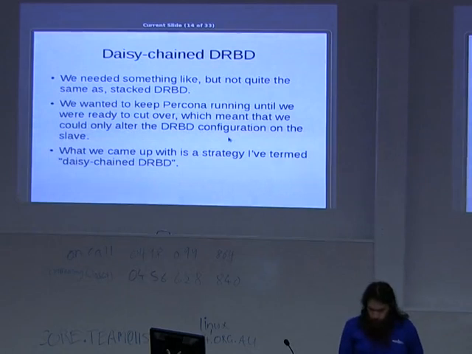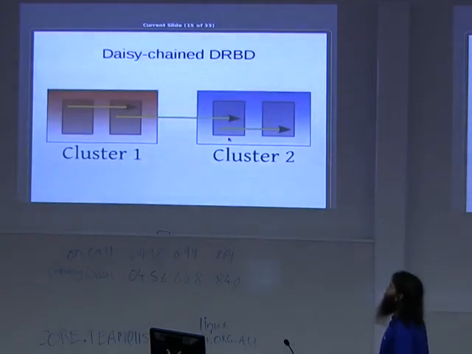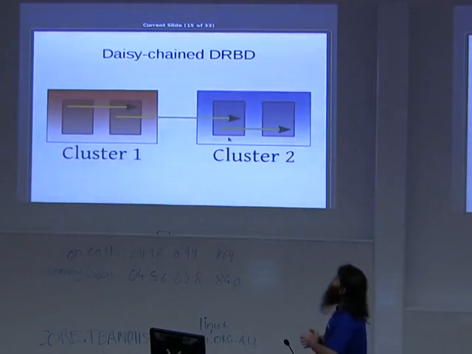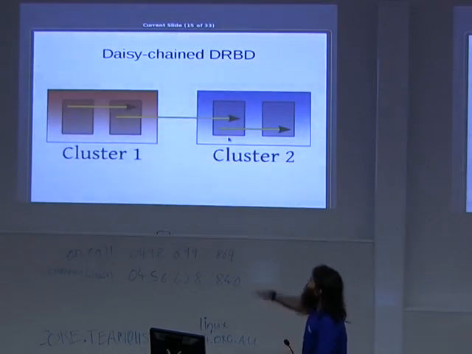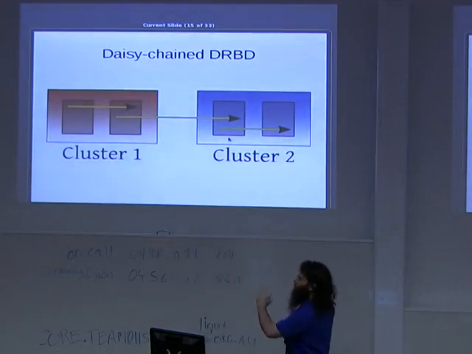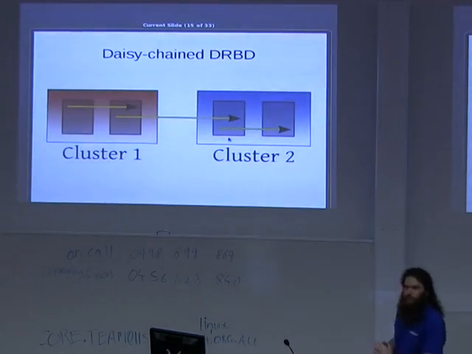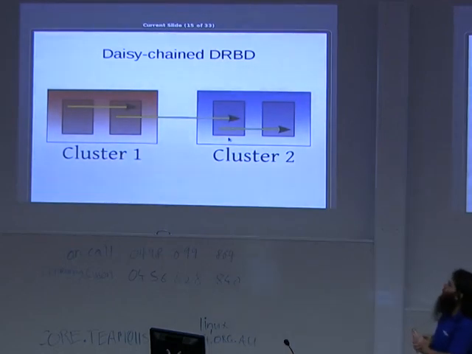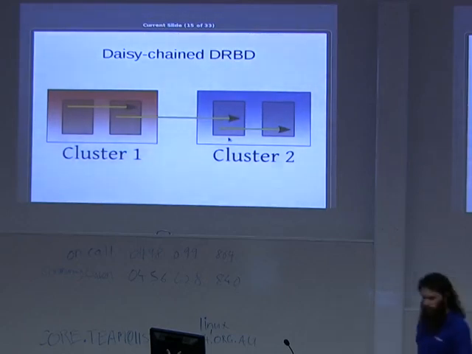Whereas with daisy-chained DRBD, you don't actually have it flipping back and forth in that fashion. You're never going to be moving the master for the lower resource there across to the left. So that left-hand node, which is the one running Percona, doesn't need its DRBD configuration changed at all. It doesn't need to know or care about the fact that you're chaining additional resources onto it later.